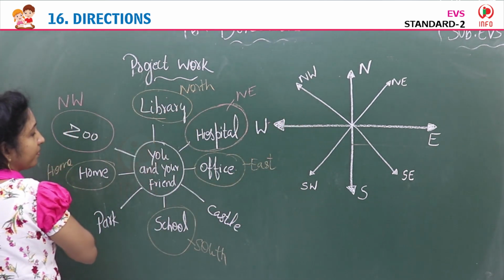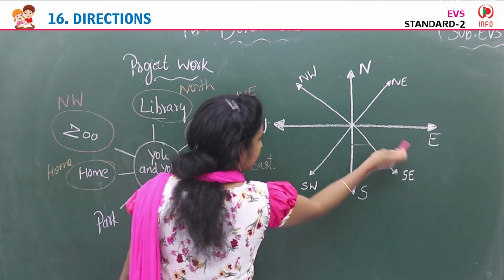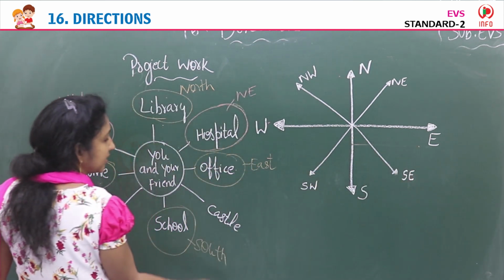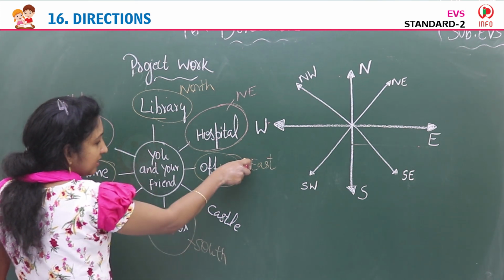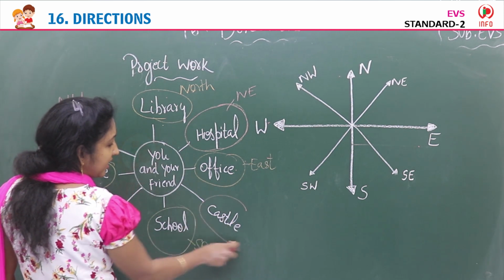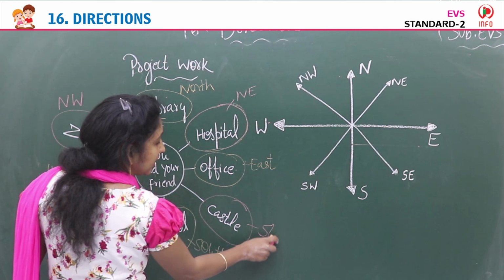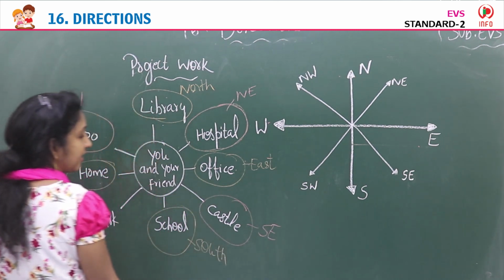Then coming to the southeast, halfway between south and east. There you can see the castle, a palace. Castle means palace. Here in the southeast you can see the castle.